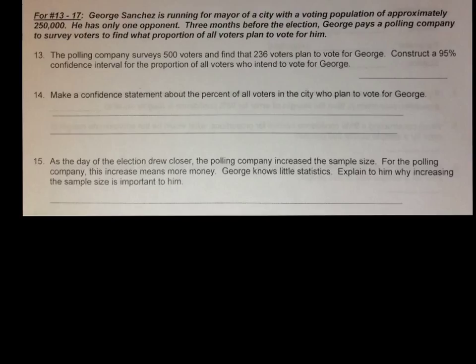That's your p-hat. So they surveyed 500. That's your n. So you're going to do the 1 over the square root of n to find your margin of error. You're going to do 236 divided by the 500 voters to find your p-hat, and then construct your interval. Then you're going to make a confidence statement just like the one prior. Again, it's reiterating, explain why increasing the sample size is important to George. So refer back to the last 2 problems.